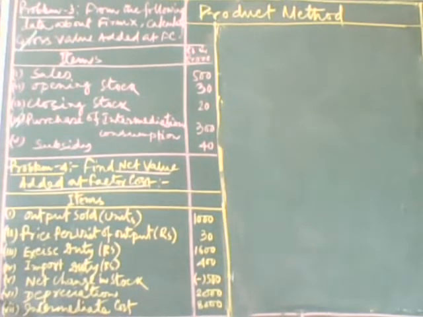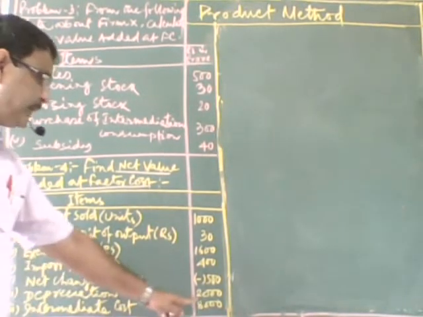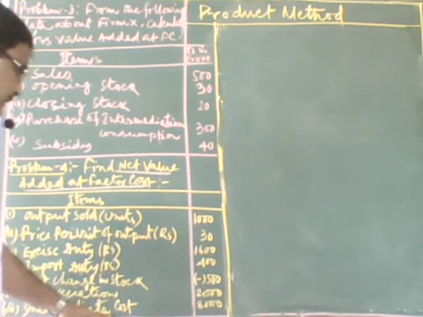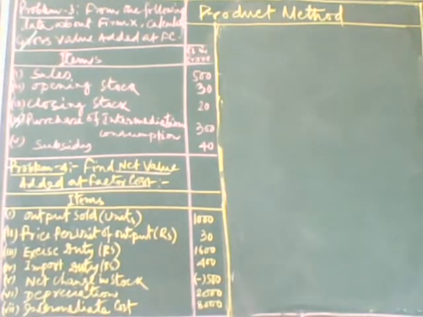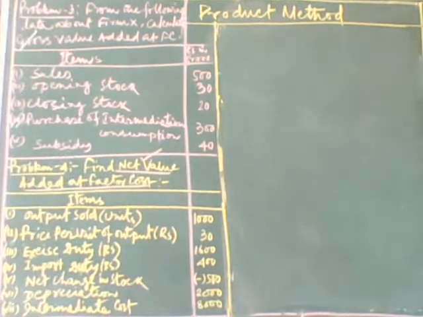Item number 6, depreciation, that value is 2000. Item number 7, intermediate cost, that value is 8000. From this information, we have to calculate the net value added at factor cost.